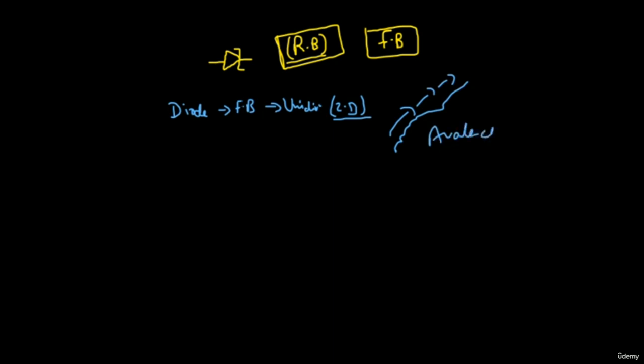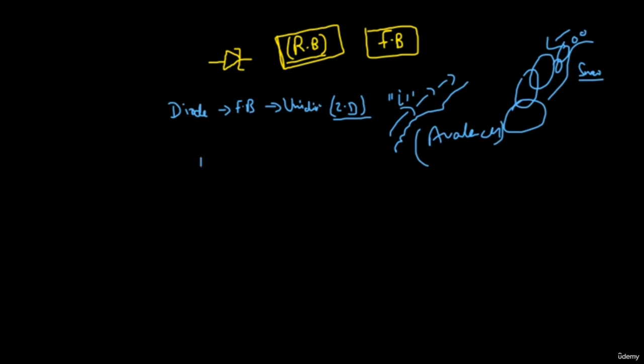Just like the snow that comes down, starting from a small stone, it gets bigger, bigger, and bigger, and that is called the avalanche. So here the current or the electrons get bigger and bigger on one side, and when the avalanche is reached, it's known as the breakdown region.